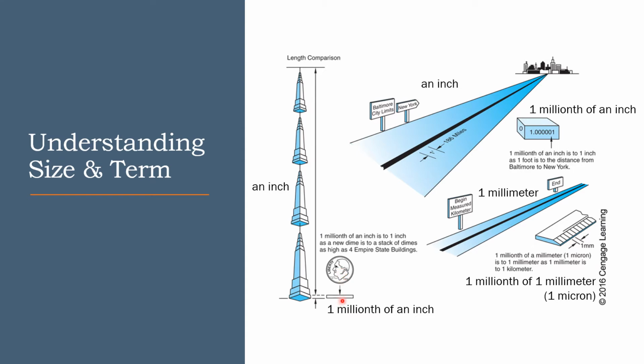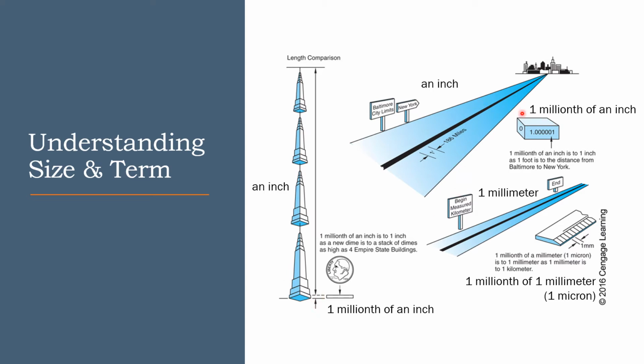This length of the penny compared to the Empire State Building is like 1 millionth of an inch, if the building is an inch. You can imagine how small a millionth of an inch is. That is a penny compared to the distance of four Empire State Buildings, from the top all the way to the bottom.